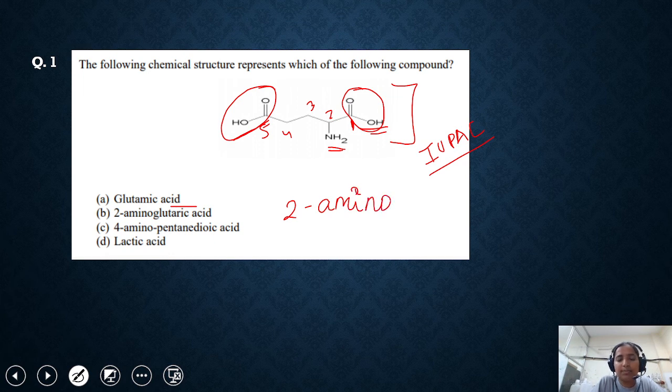This is the very simple naming that you will do first. That is 2-amino. Then how many carbons are there? You can count them: 1, 2, 3, 4, 5. When 5 carbons are present, what word do you use? You will use pent.